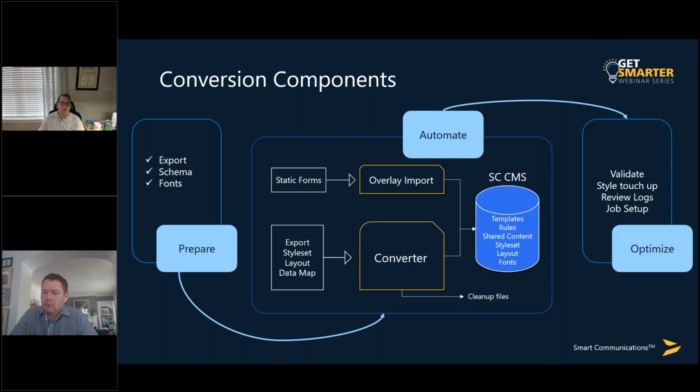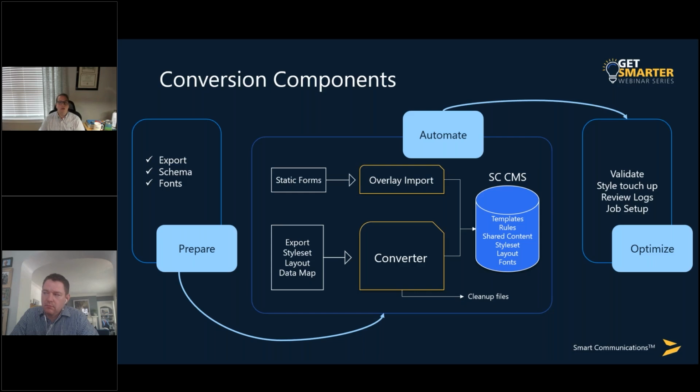We all have those types of documents that we need to include into a packet, and there are usually a lot of these. So we have a way of taking a folder full of PDF static forms and importing those as overlay forms in SmartCOMM. You get a template with an overlay for each one of the pages of that PDF that you import, and you have all of your static templates in SmartCOMM in a matter of minutes. It's a very quick process.